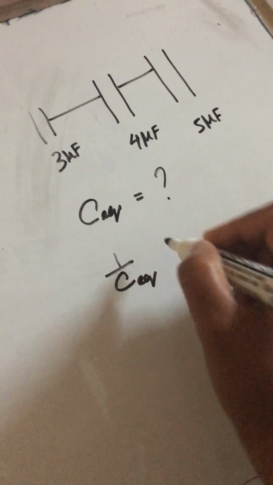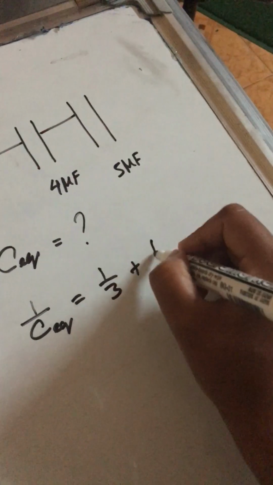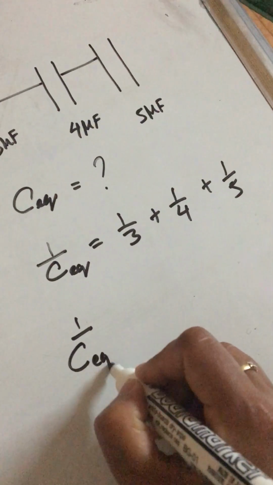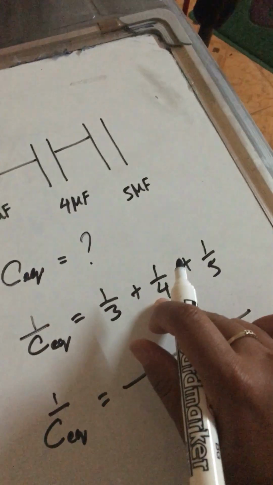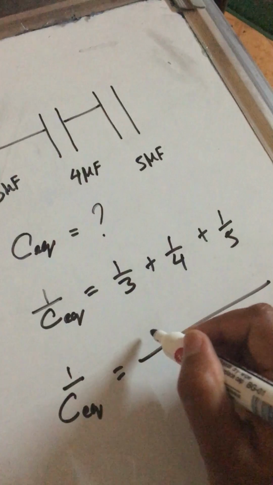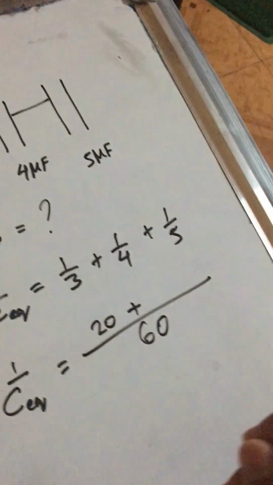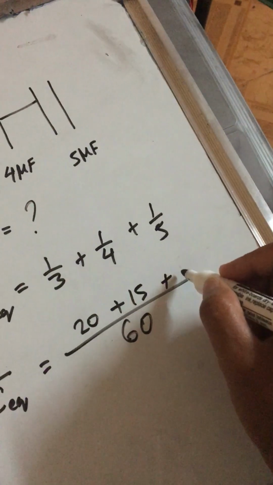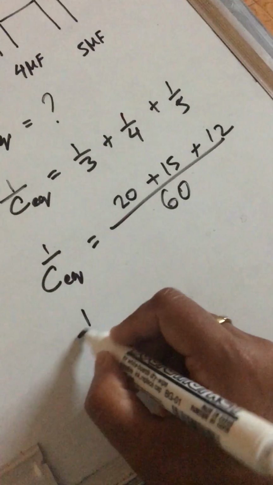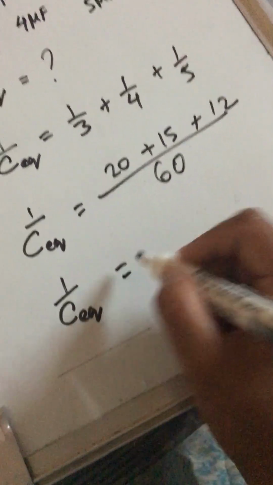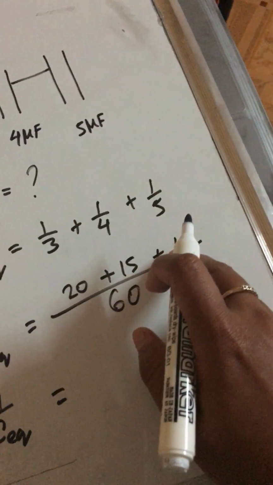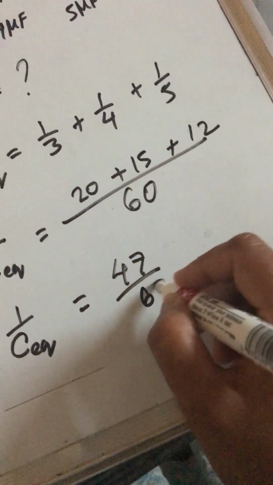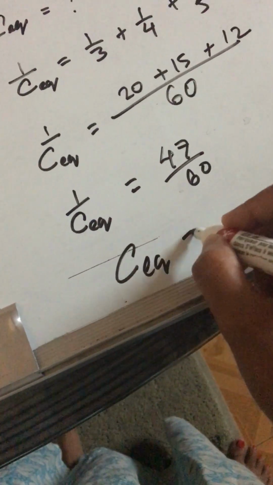The reciprocal of it. So 1 by CEQ is equal to 1 by 3 plus 1 by 4 plus 1 by 5. The common denominator is 60: 1 by 3 is 20 over 60, 1 by 4 is 15 over 60, and 1 by 5 is 12 over 60. Then 1 by CEQ is 47 by 60.